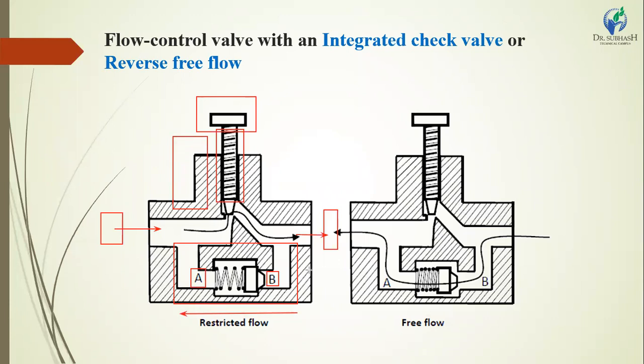When the internal pressure of the hydraulic setup increases, the flow is reversed to pass through the integral check and reverse free flow. At that time this higher-pressurized fluid can press this spool and the spring will be compressed.